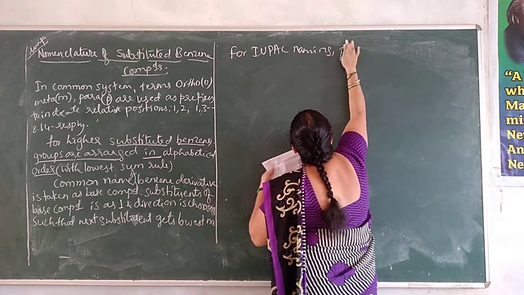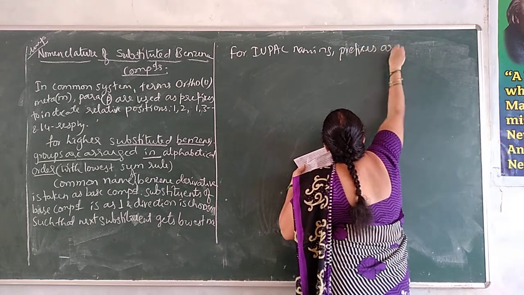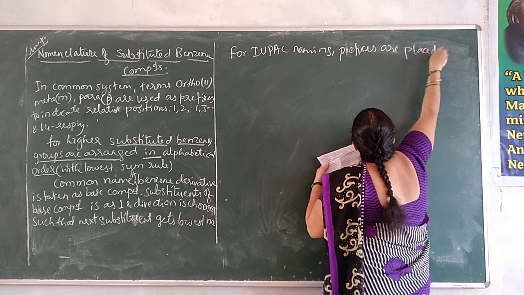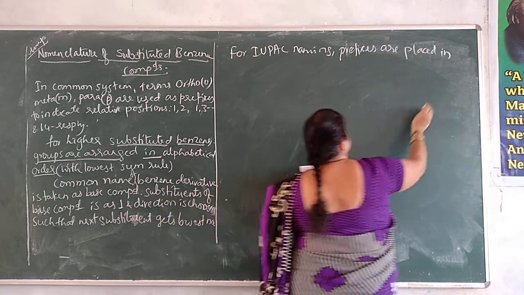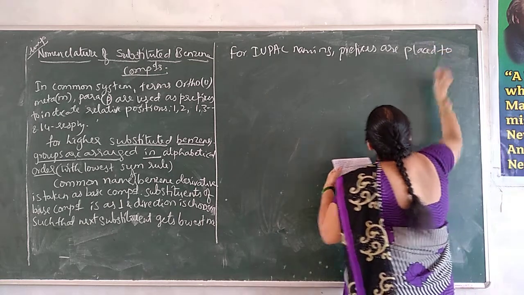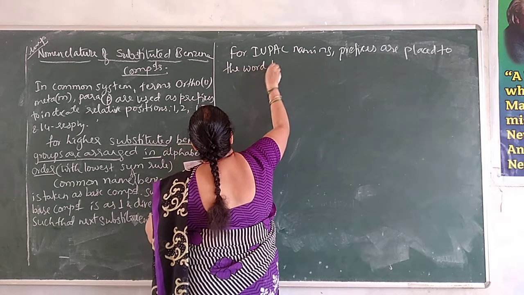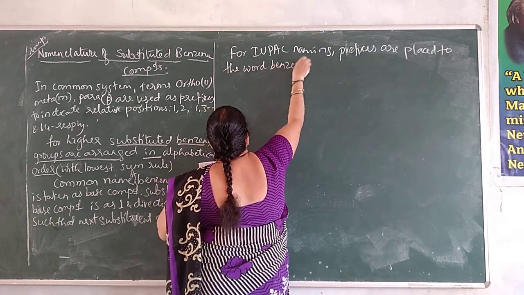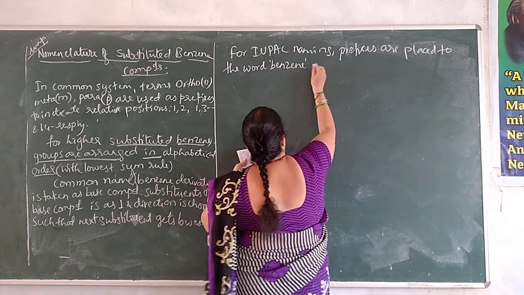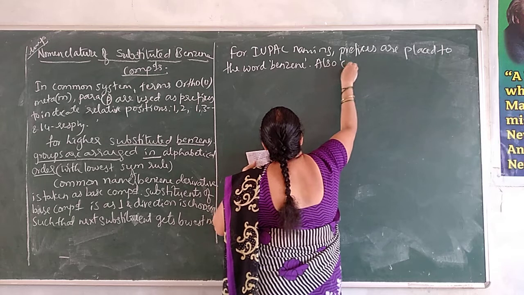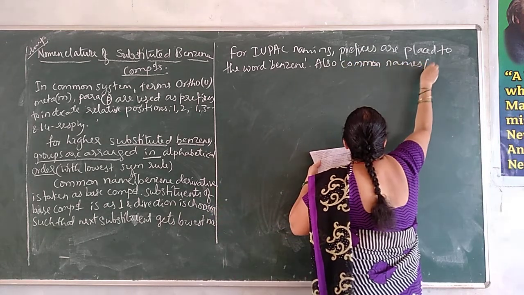Next, for IUPAC naming, prefixes are placed in alphabetical order before the word benzene, and also common names in the brackets.